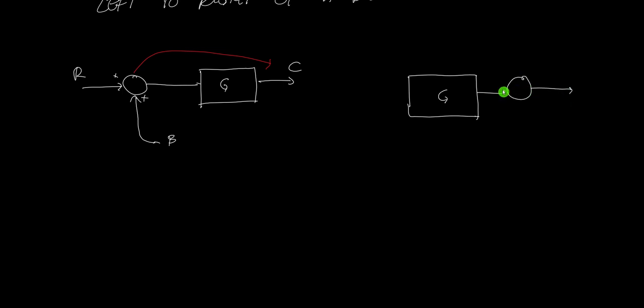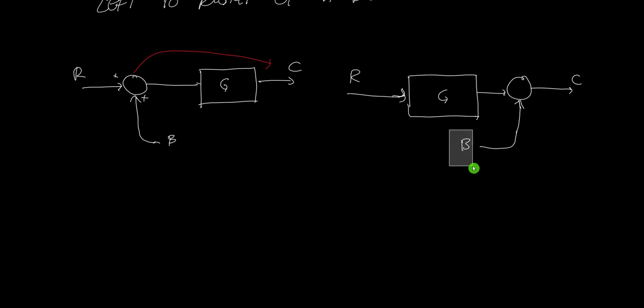But again, this should still be equal to C, so that we don't change the block diagram. Then I still have an input here, and this is still B. And I still have an input R somewhere here.